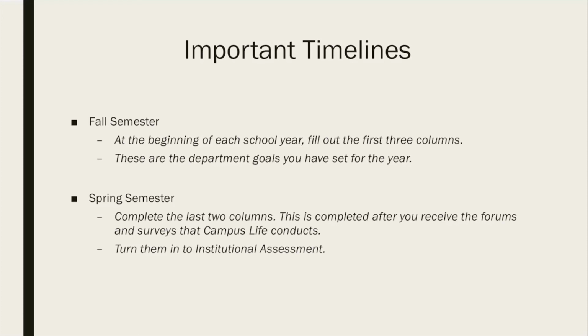However, you should have already completed for your department the first three columns from the fall semester of 19, which was this past fall semester. Now, the last two columns, all we're going to be able to do is put, due to COVID-19, we were unable to gather data, and that should suffice. Now, that's only for departments that use surveys and forums.